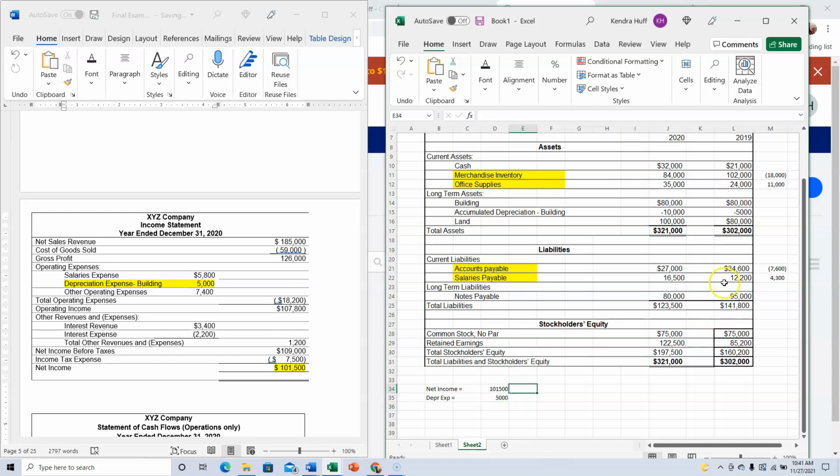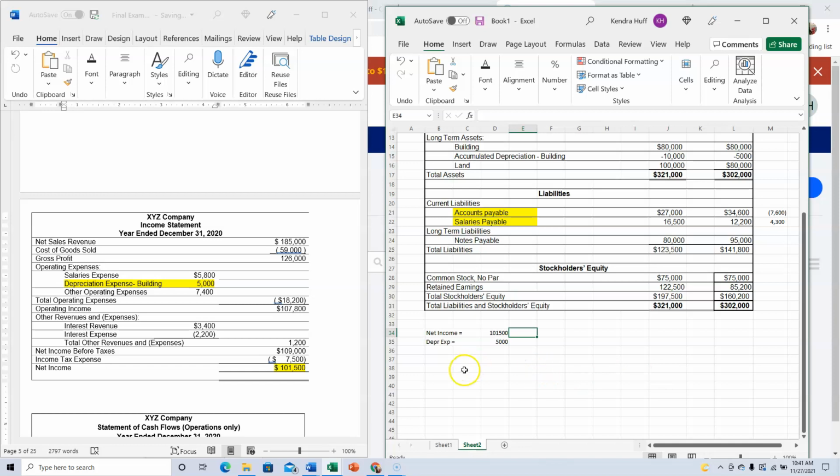All right, so to do the operating section of the statement of cash flows, you start off with net income. Let me put a title here: cash flow from operations.